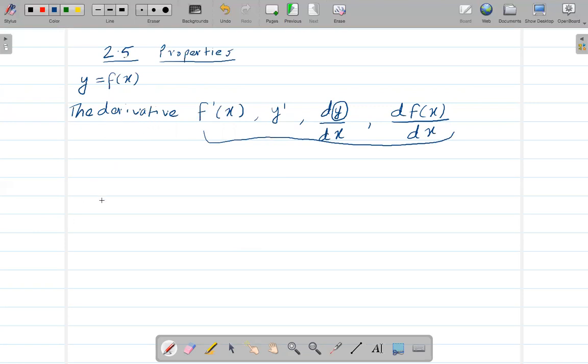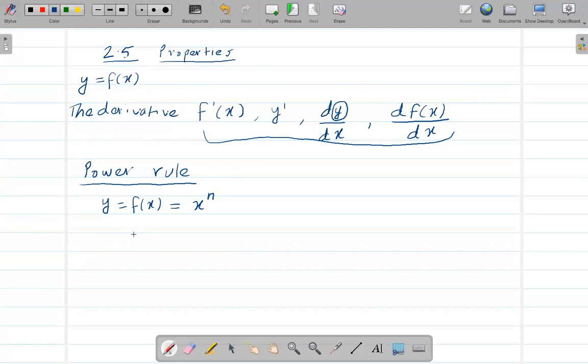All right, so now let's see another property, the power rule. Again, let's say I have y is equal to f of x, and this f of x is x to the power of some number, let's just say n.